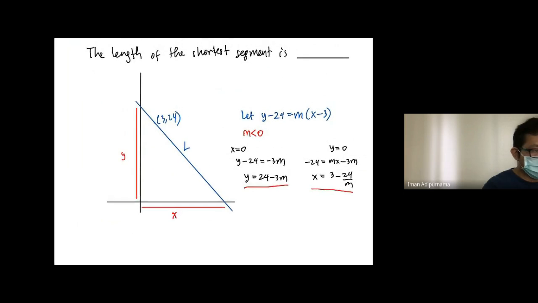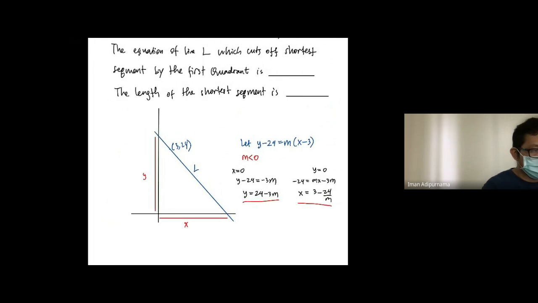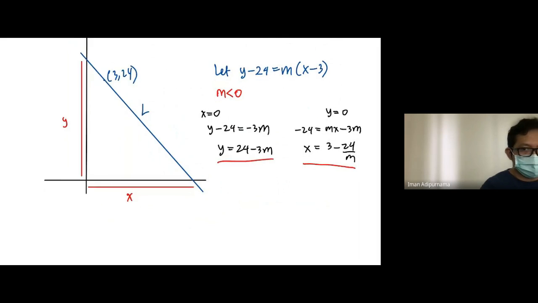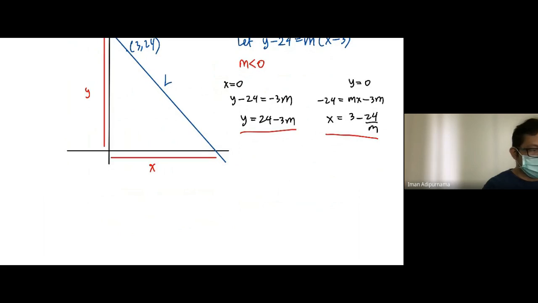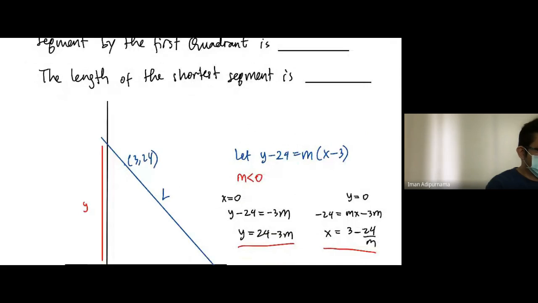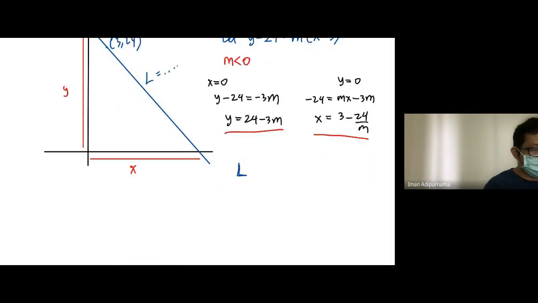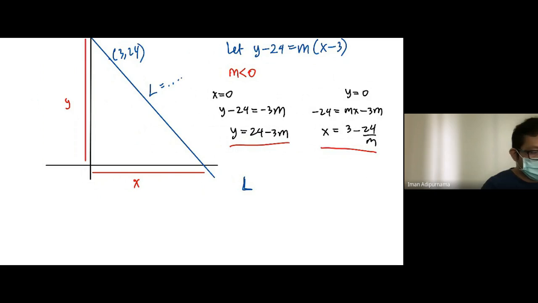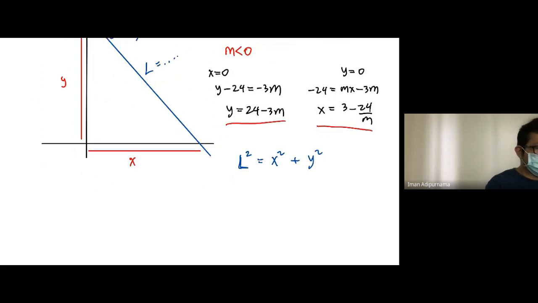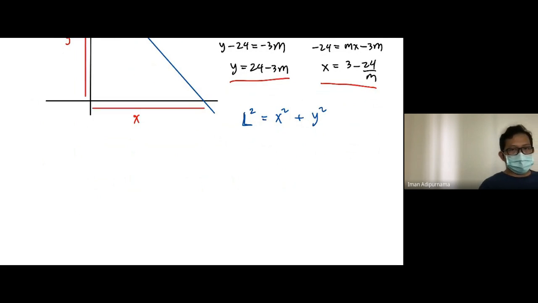The L then, so we need to find what is L, right? How short it is, to find the shortest possible. So L squared is x squared plus y squared, right? That's the one that we are going to find.